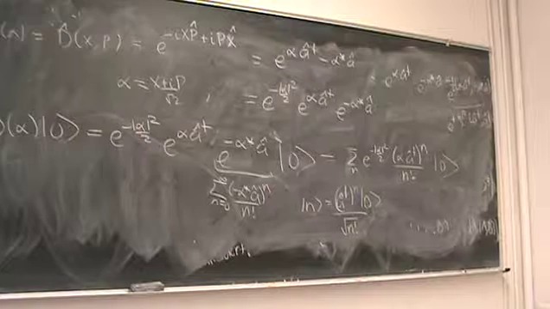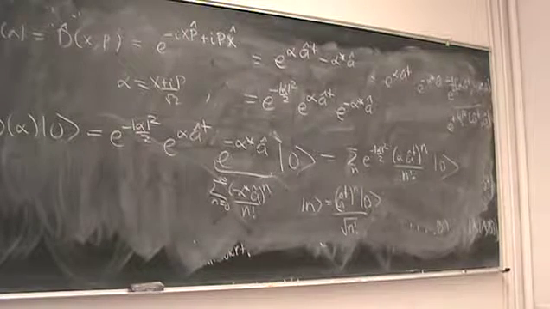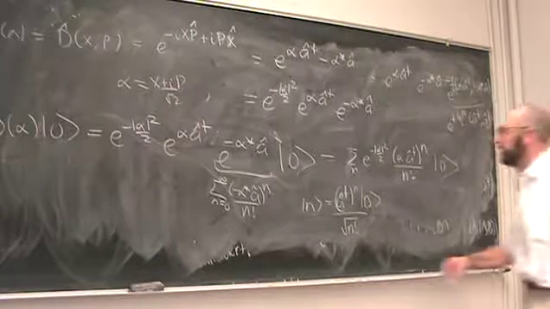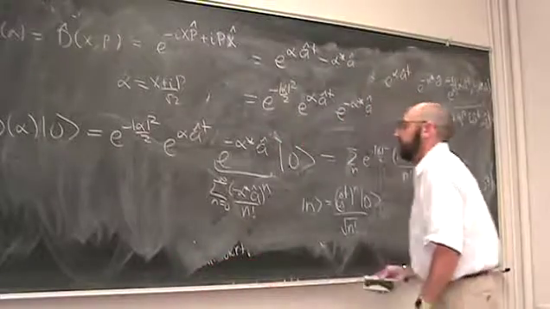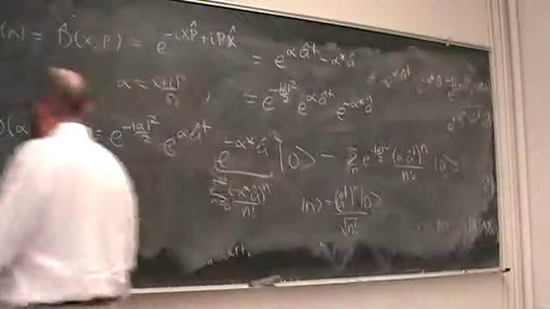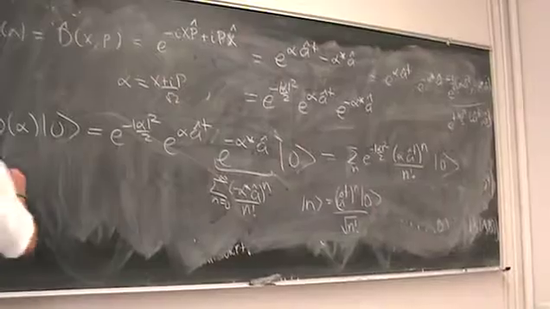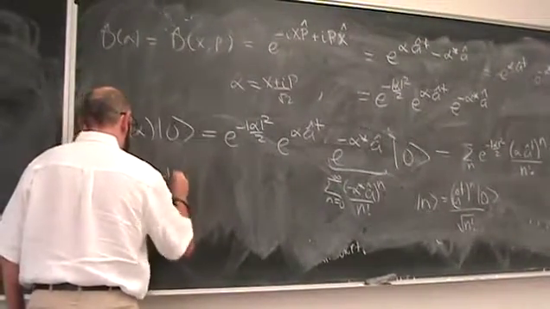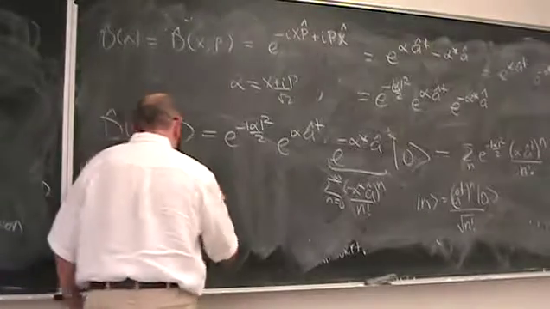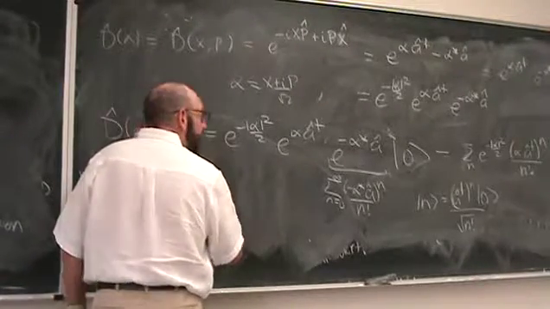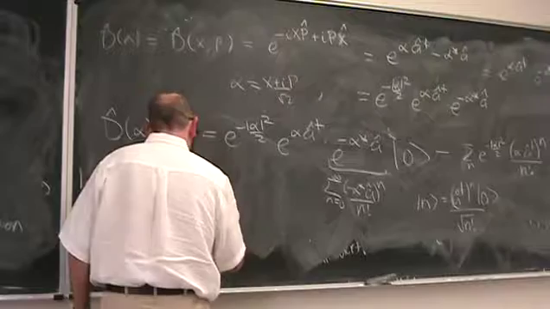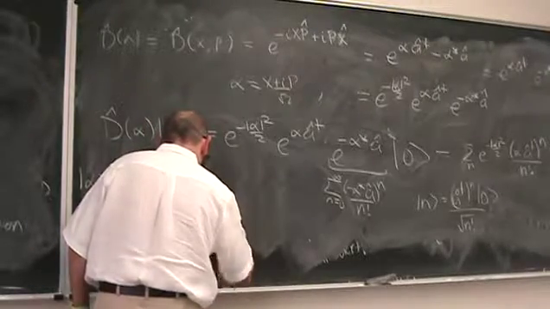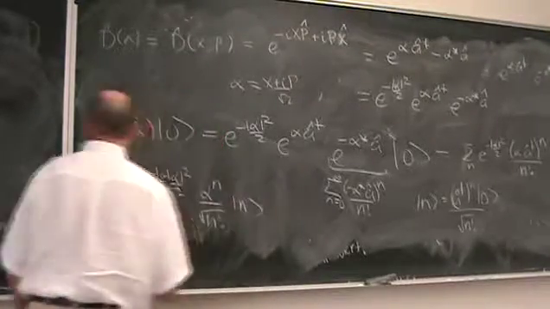So that means that this coherent state alpha is equal to the sum n equals 0 to infinity, e to the minus alpha squared over 2, alpha to the n divided by the square root of n factorial, times n.